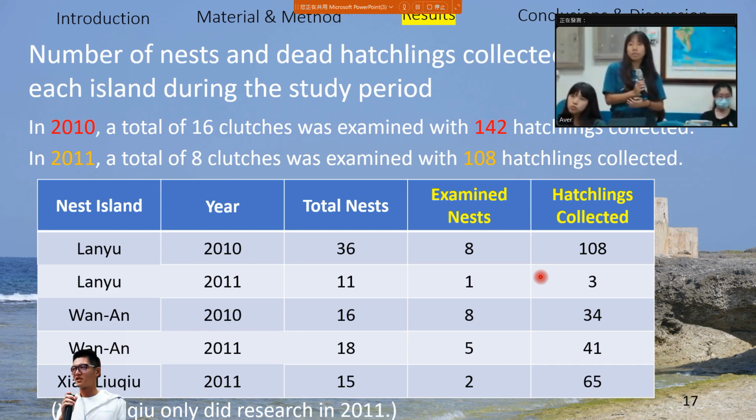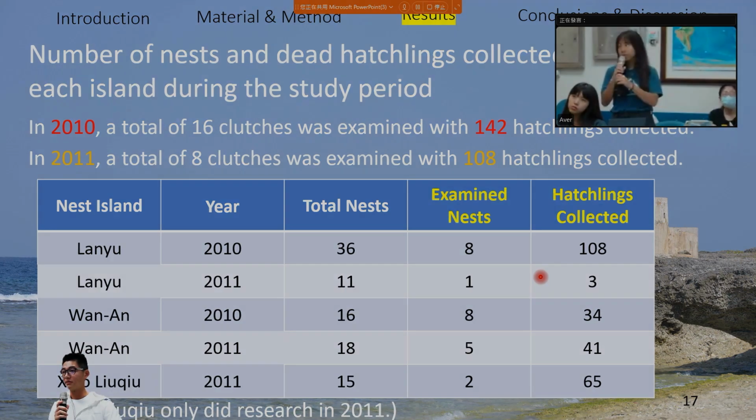The tourism has so many that none of them want to live there. It will not be a safe place to live, but Lanyu has less people and Wannan has some protection area there. So they will make them have more nests there. Xiaoliuqiu didn't have it, only on Duzaiping or somewhere else there. So the nest will be less than the other two sites. Thank you.